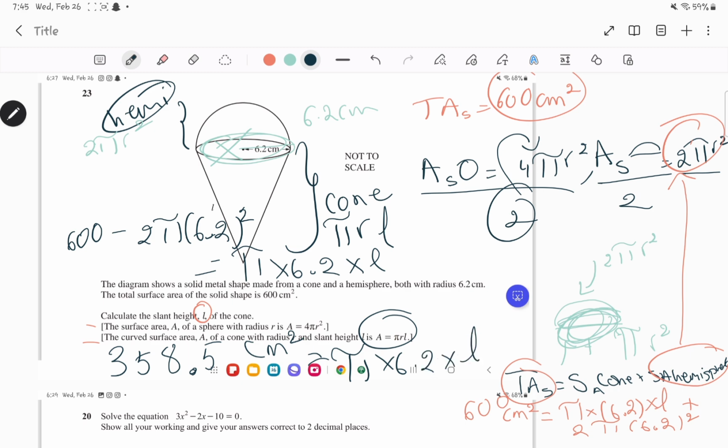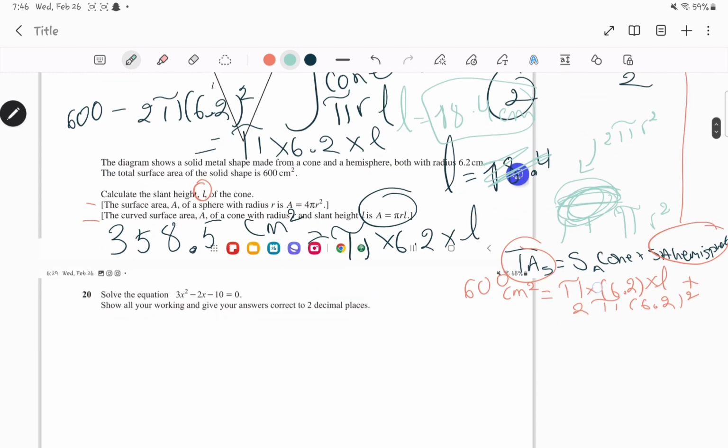So you divide 358.5 by pi times 6.2, and you get that the slant height L is approximately equal to 18.4 centimeters.